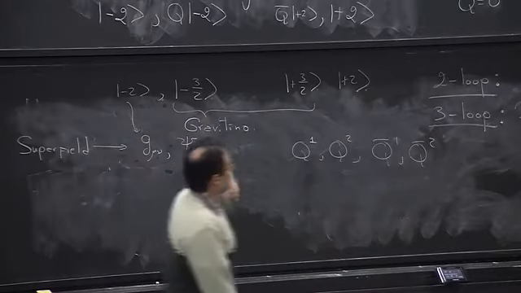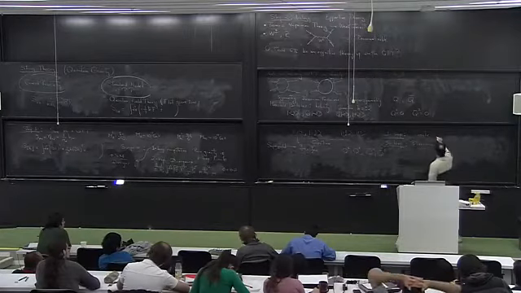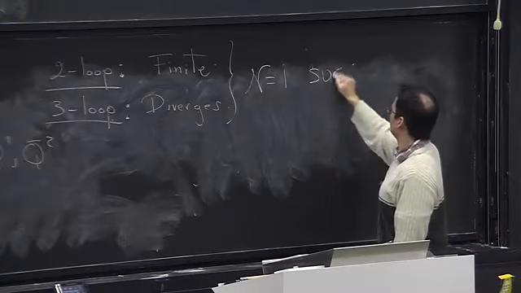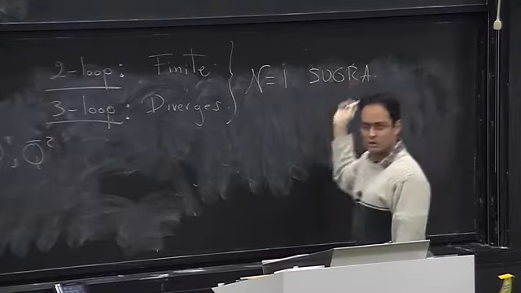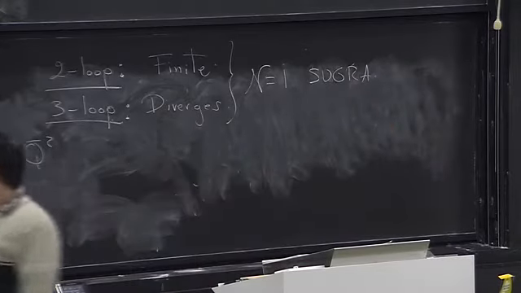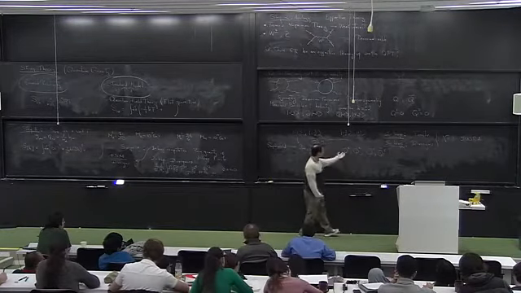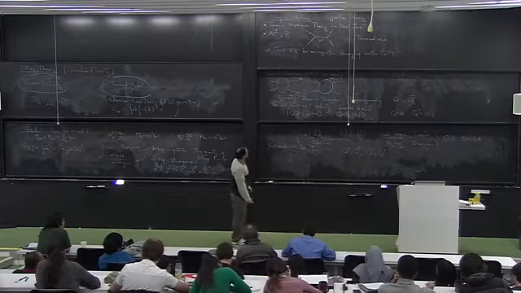The previous one we call n equals 1 SUSY, or n equals 1 supergravity. Now we're going to do n equals 2 supergravity because it has 2 supersymmetries.